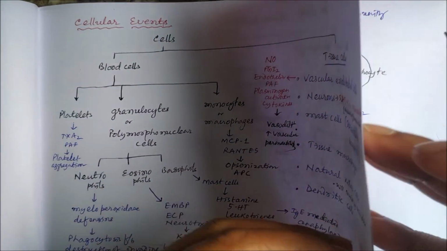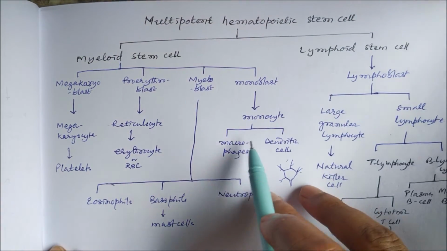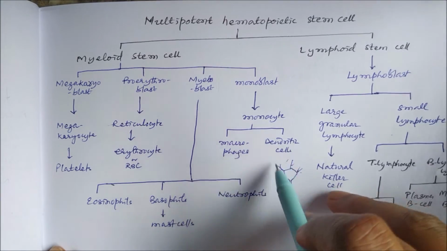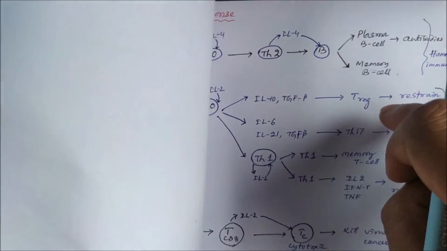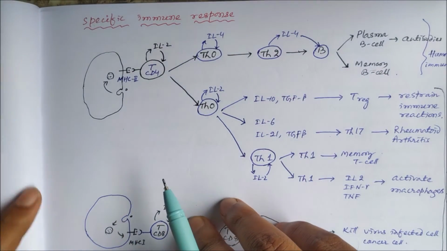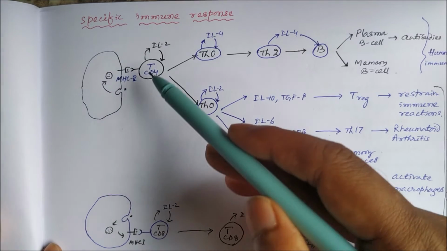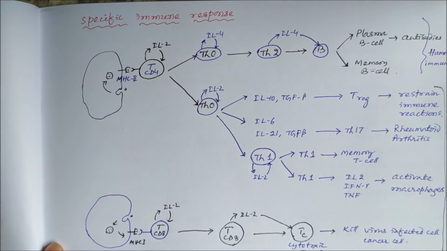We can see here the monoblast is differentiated into monocyte, which is differentiated into macrophages and dendritic cells. So all these cells act as antigen presenting cell. So there can be two types of interaction, MHC2 and CD4 T lymphocyte, or MHC1 and CD8 T lymphocyte.